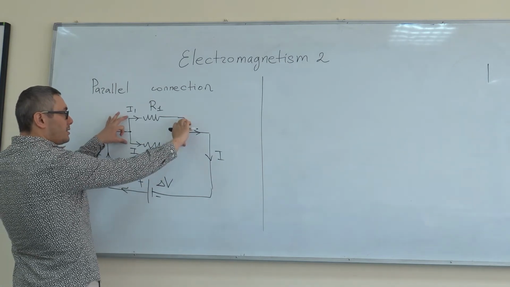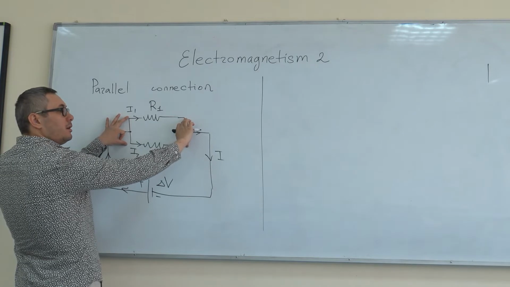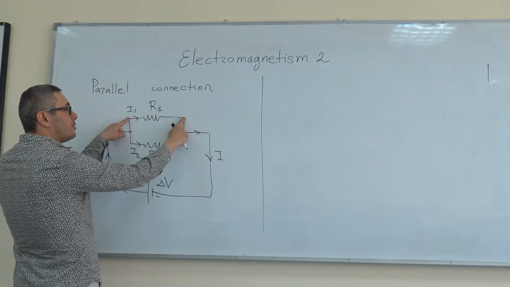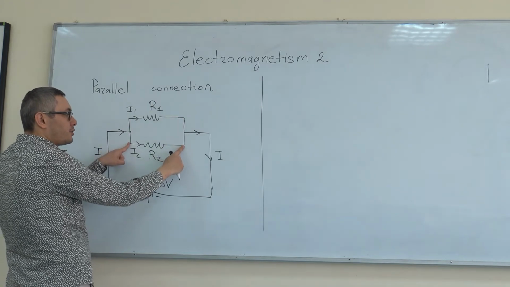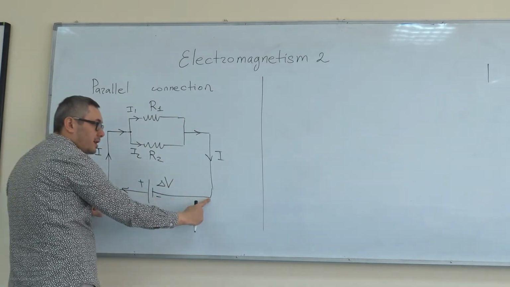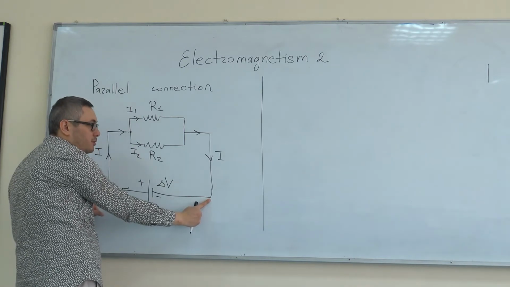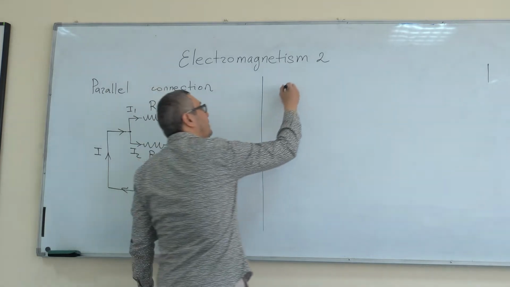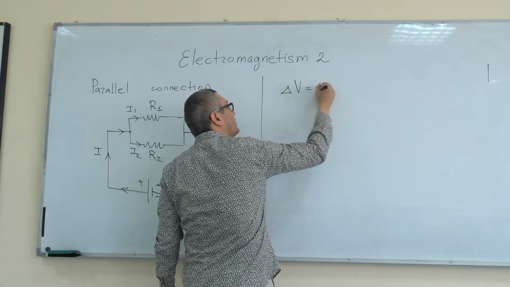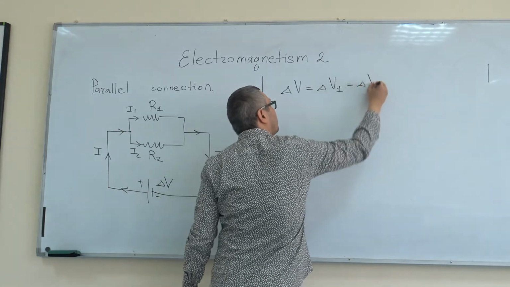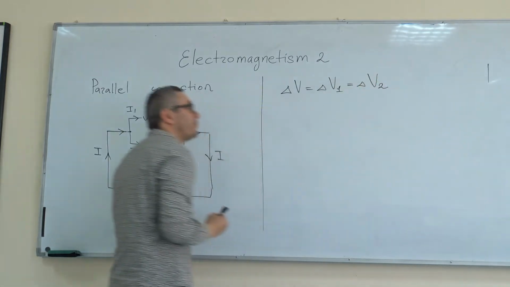Why? Because these wires have no resistance to them. So this voltage drop between these 2 points is the same as the voltage drop across these 2 points, which is also the same as the voltage across these 2 points. So we can now say that delta V is equal to delta V1 and is equal to delta V2.